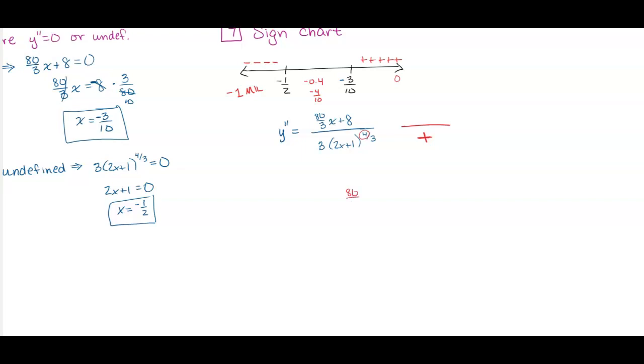So this is going to be 80 thirds times negative 0.4, so negative 4/10. And then I'm going to add 8. So this is the thing that I got to figure out. I'm going to reduce this by 10. This is going to be negative 32 thirds.